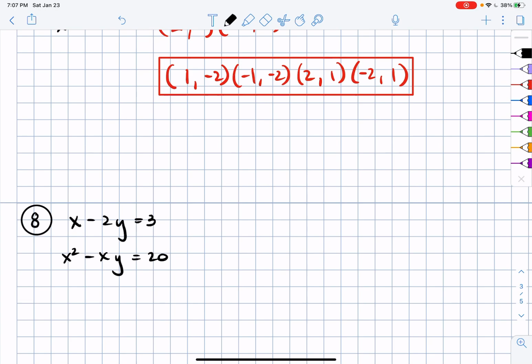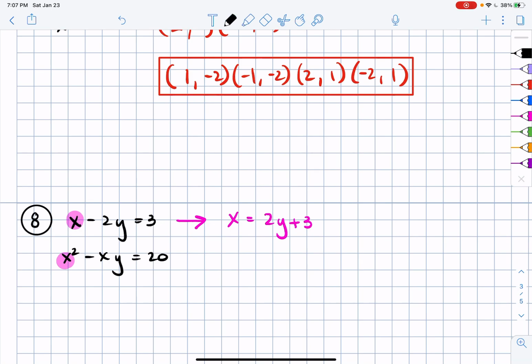Let's go ahead and get x by itself. So x is going to equal, I got to add the 2y over. So I get that. Okay. So I have an x right here as well, but it is that quantity squared.